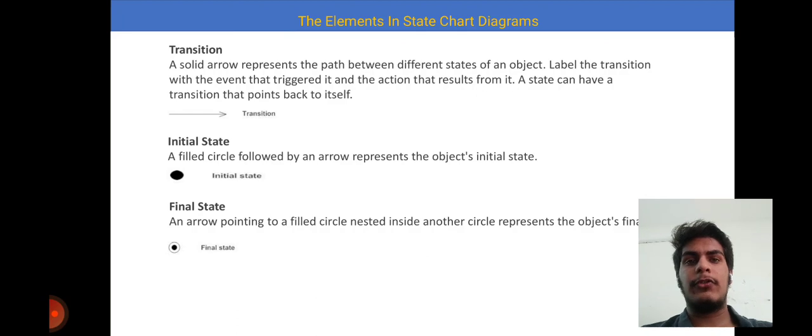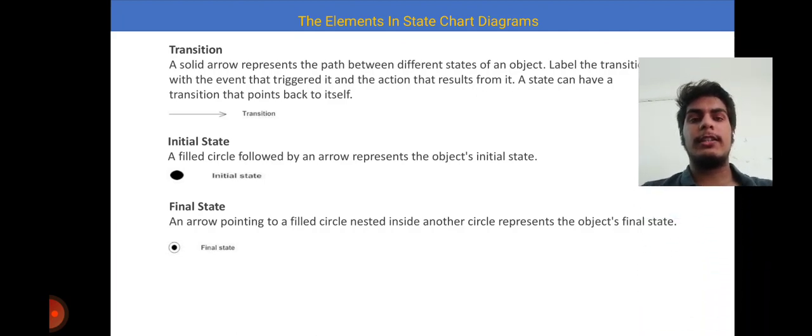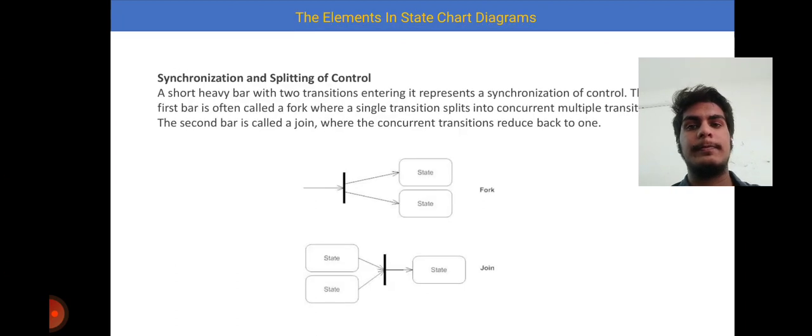Initial state. A filled circle followed by an arrow represents the object's initial state. Final state. An arrow pointing to a filled circle nested inside another circle represents the object's final state.